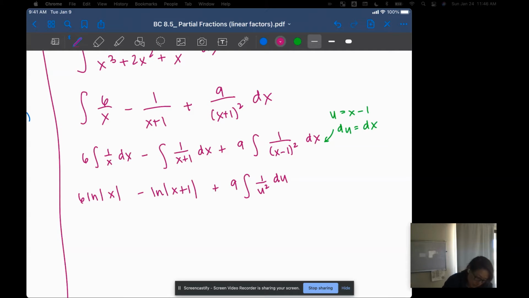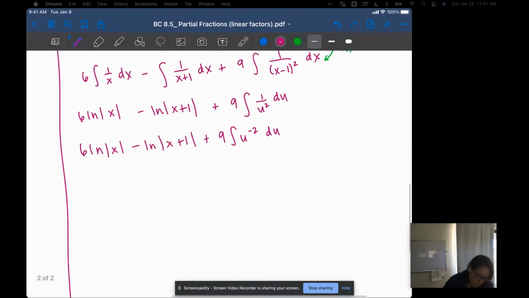And I can rewrite this as 9 times the integral of u to the negative 2 du, okay? So I end up with the ln of absolute value of x plus 1 plus 9 times u to the negative 1, and then I need to multiply or divide by 1 over negative 1.